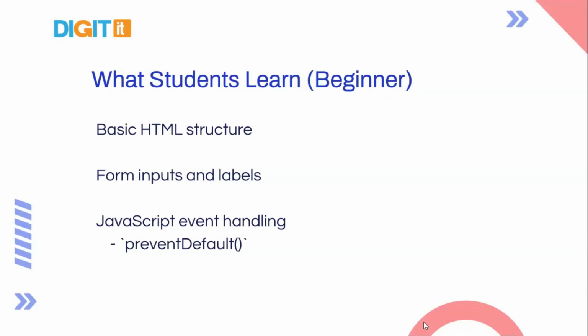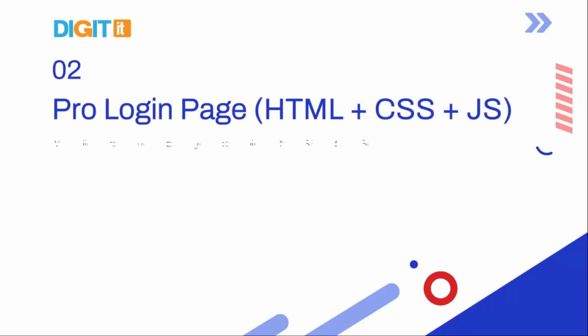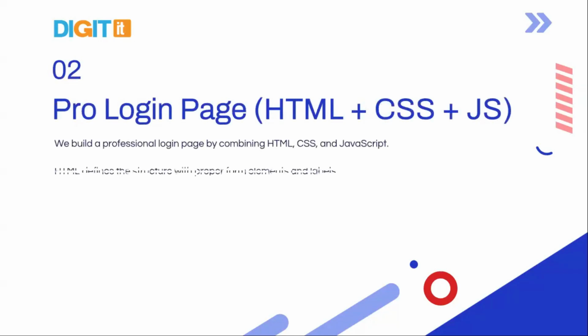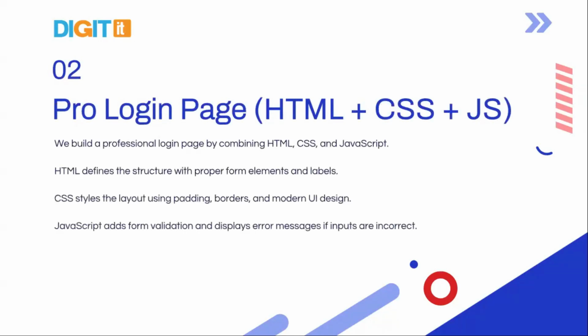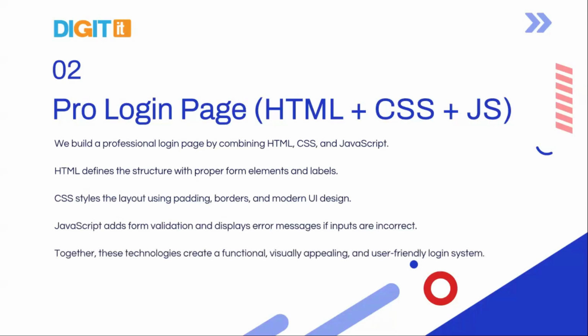So let's check the pro version. The second one is where we are going to understand the pro login page, where we are going to have the same HTML, CSS, and JavaScript. You will understand the difference between these two very quickly.